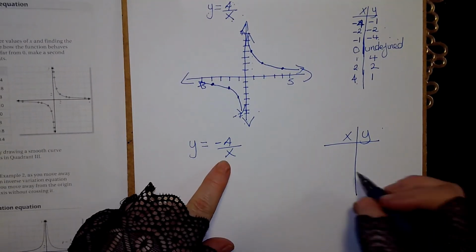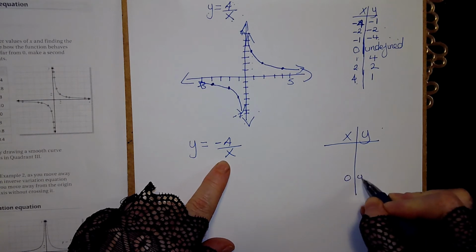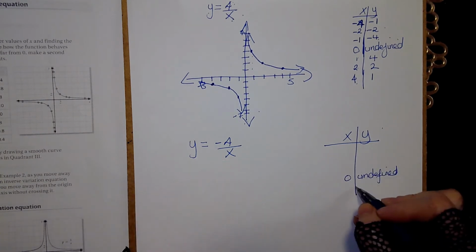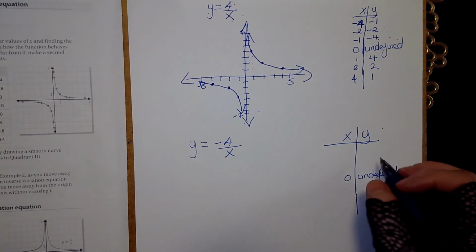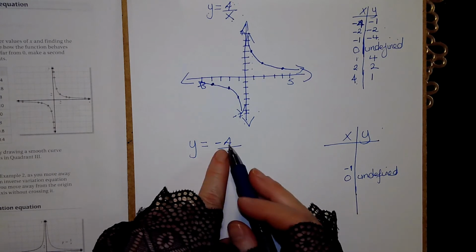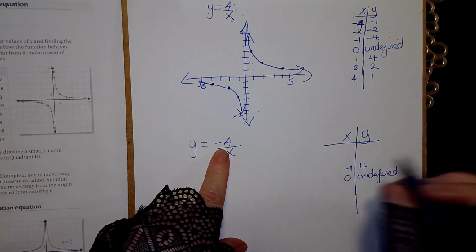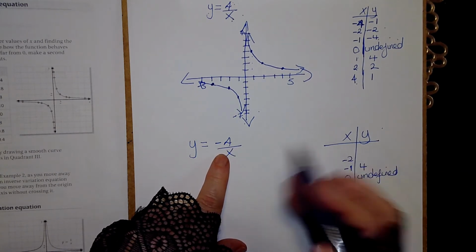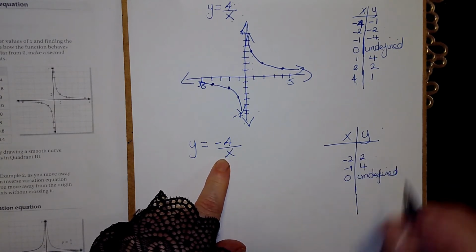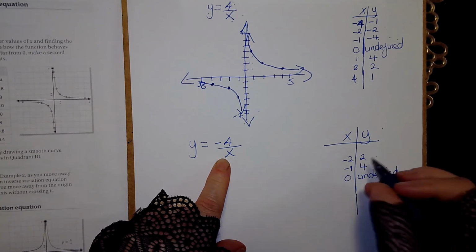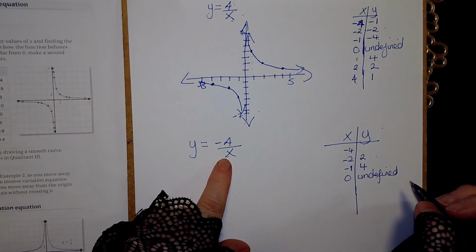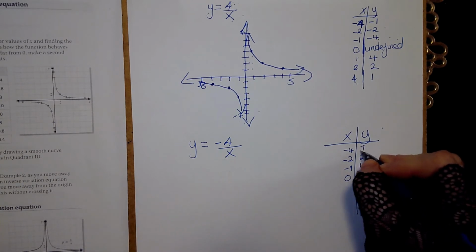So again, I can't have a 0, it's undefined, so I'm going to put it in the center here. And I'm going to use the same numbers. I'm going to say -1. So -4 divided by -1 makes that a +4. -2: -4 divided by -2 changes now. Now we get positives. At -4, -4 divided by -4 gives me a +1.